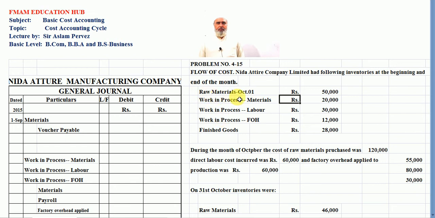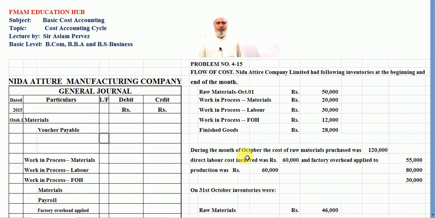Raw materials, October 1st, October 1st, work in process material, work in process labor, work in process FOH, finished goods inventories. These are the opening inventories.